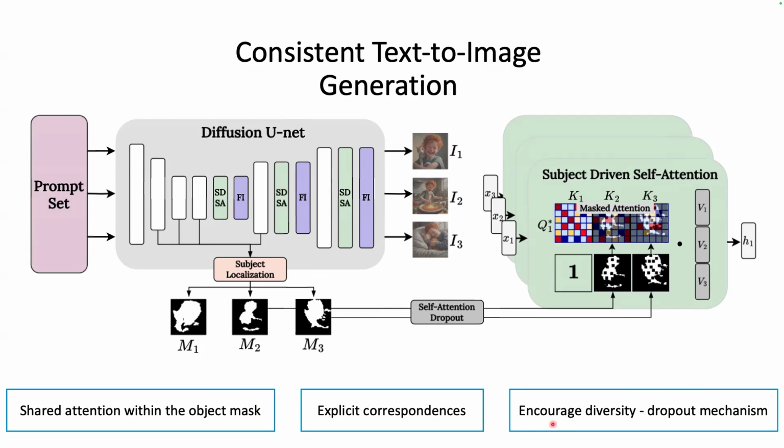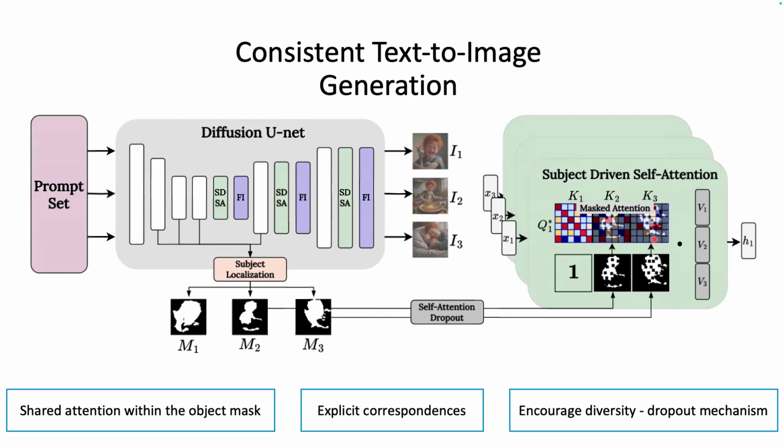So to encourage diversity, they use some dropout mechanism, at a very high level. They don't share the entire features. They do some masking. So for an image being generated, they don't give it access to all the keys and values of the reference image, but only to some of them.